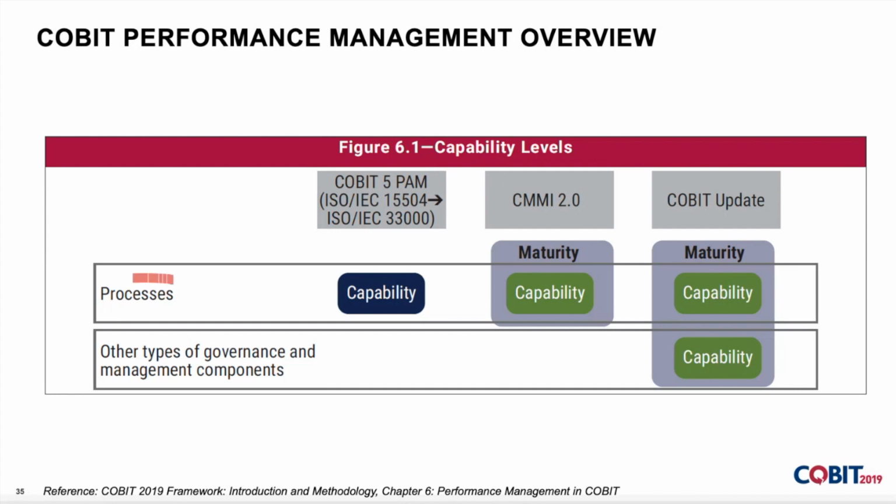And within the process capability that we see right over here, and I'm just going to focus on the COBIT updates because that's what we're going to focus on in this part, we will have multiple capabilities that need to be at a certain level of maturity in order to be capable at something. And again, a process is an integral part of that, but not the only part.